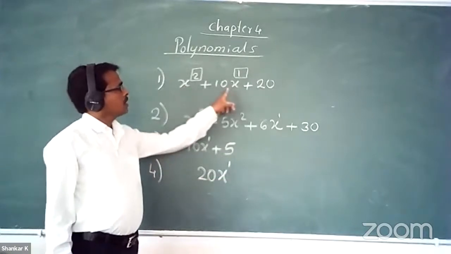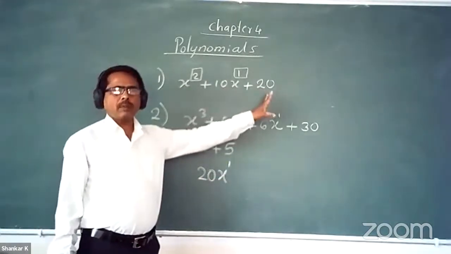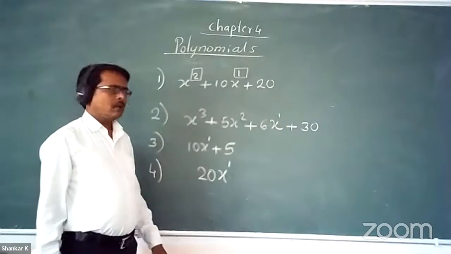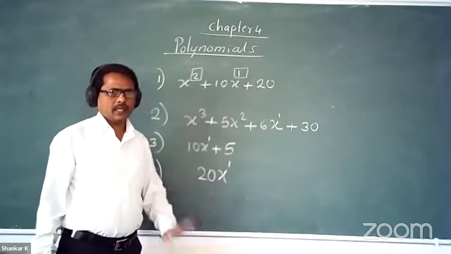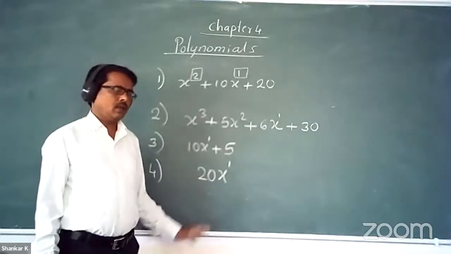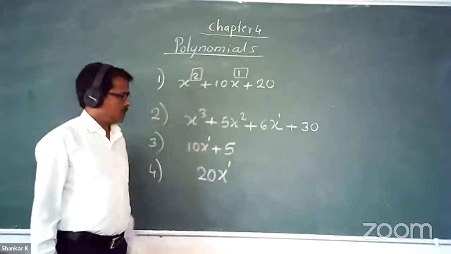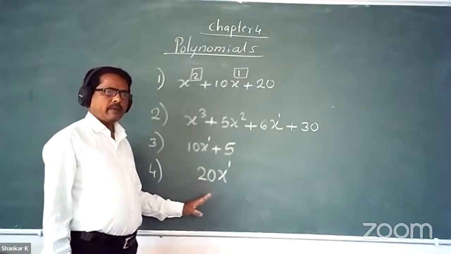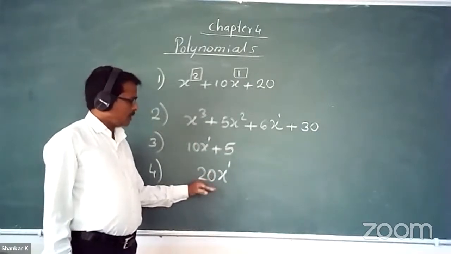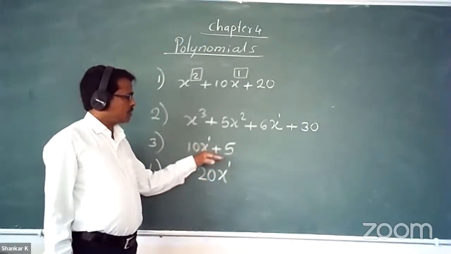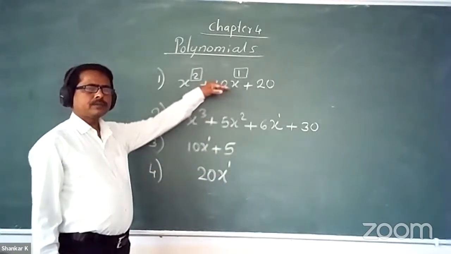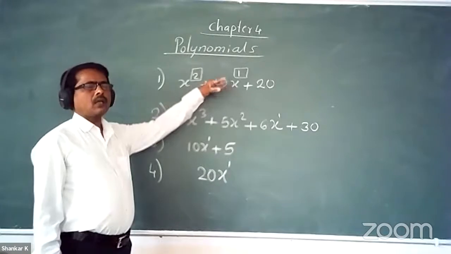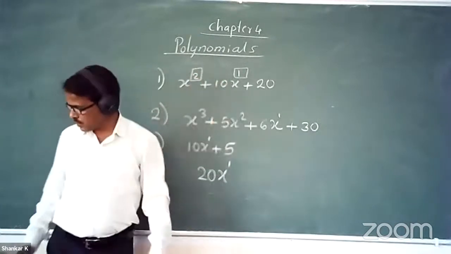A polynomial which has 3 terms is a trinomial. And for 4 terms, 5 terms, 6 terms, 7, 8, 9, 10 like that, names are not there. All are called polynomials. A polynomial which has 1 term is a monomial, 2 terms is a binomial, 3 terms is a trinomial, and all remaining are polynomials.